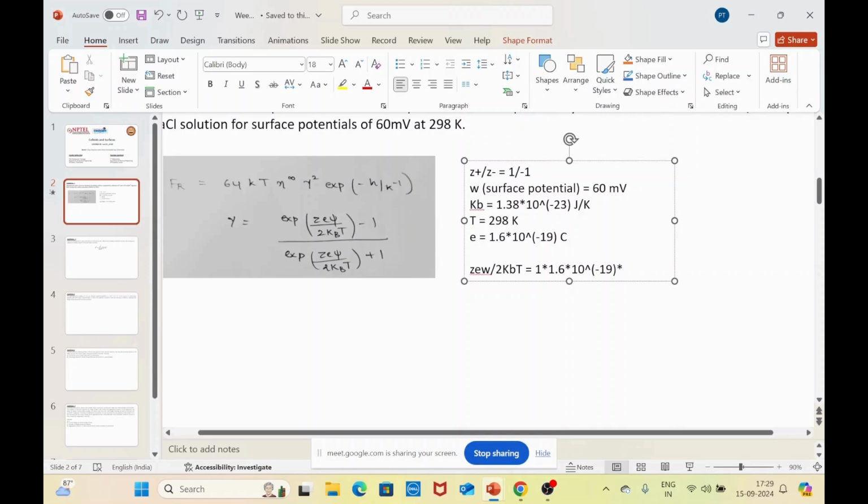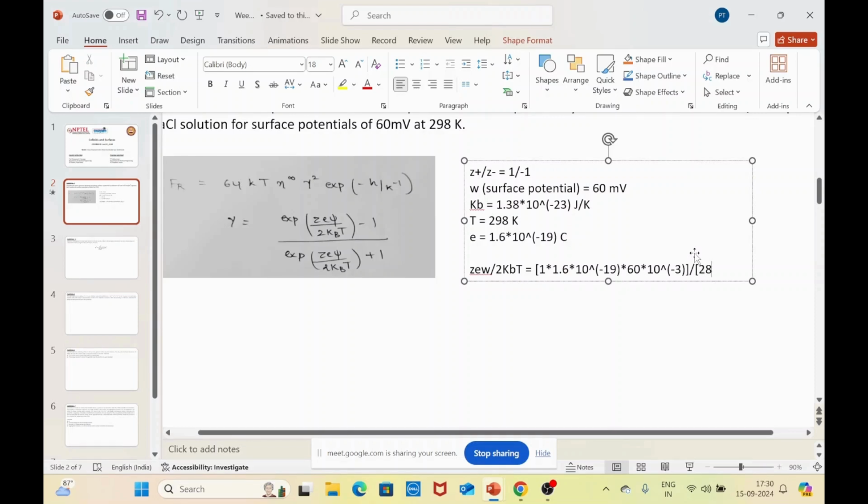Here you need to convert millivolt in terms of volt. So 60 millivolt is nothing but 60 into 10 to the power minus 3 volt. So this is your Z, the numerator term, ZE omega by 2 kBT.